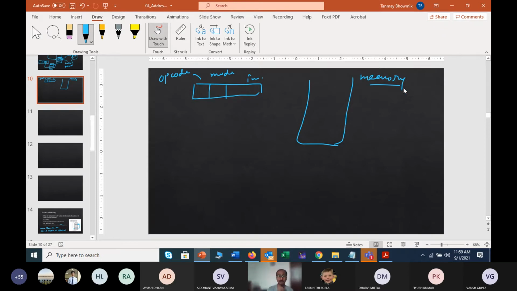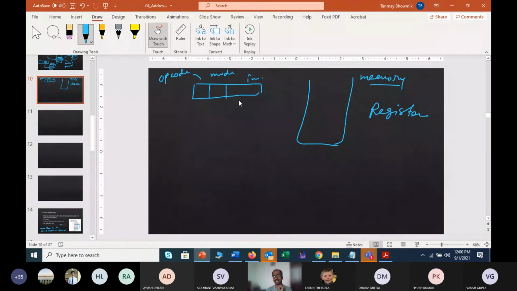So all these addressing modes, immediate, direct, indirect, can be implemented using registers also.